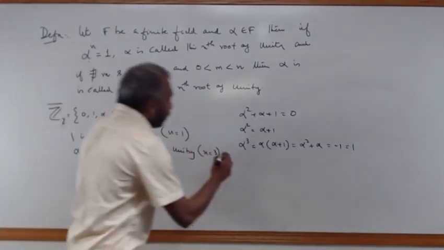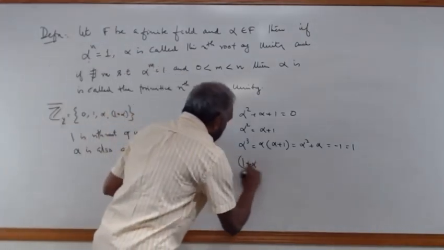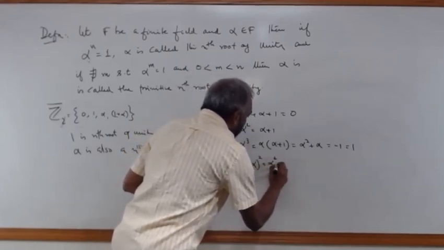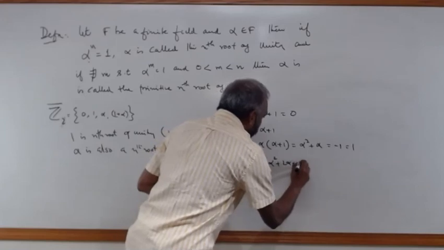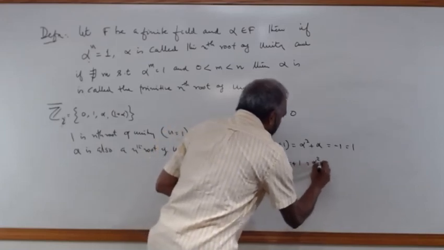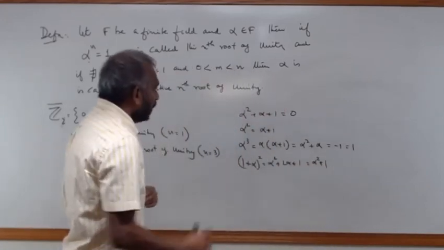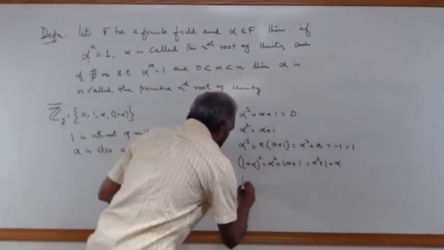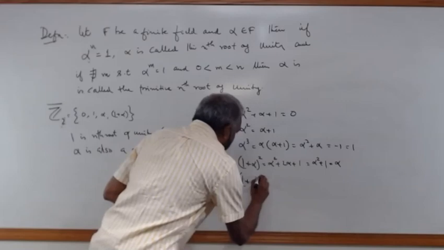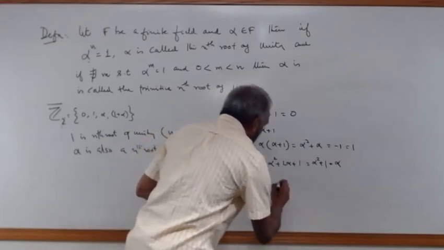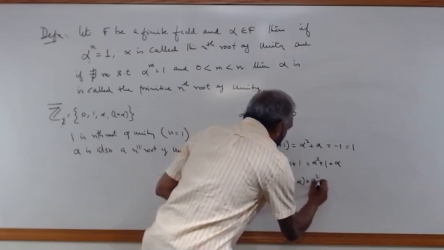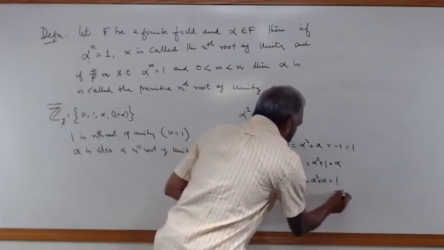Similarly, you can find out 1 plus alpha square is equal to alpha square plus 2 alpha plus 1. This is alpha square plus 1. Alpha square plus 1 is alpha. So 1 plus alpha cube is equal to alpha times 1 plus alpha, which is alpha square plus alpha, equal to 1.